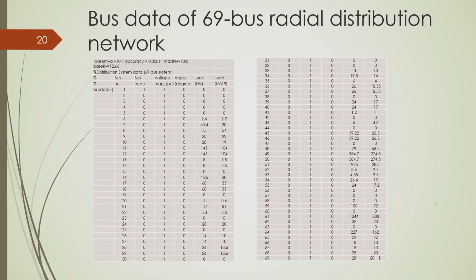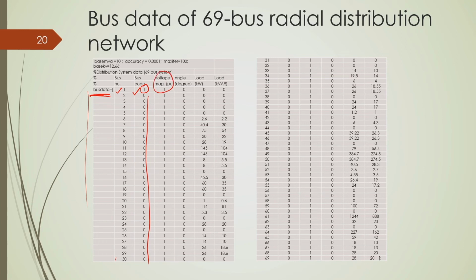So, first we have to create this bus data file. So, this is giving the bus data file. You can see the bus number is specified in the first column, the bus code is specified in the second column. Except this slack bus, all are 0, indicating that all other buses are load buses.